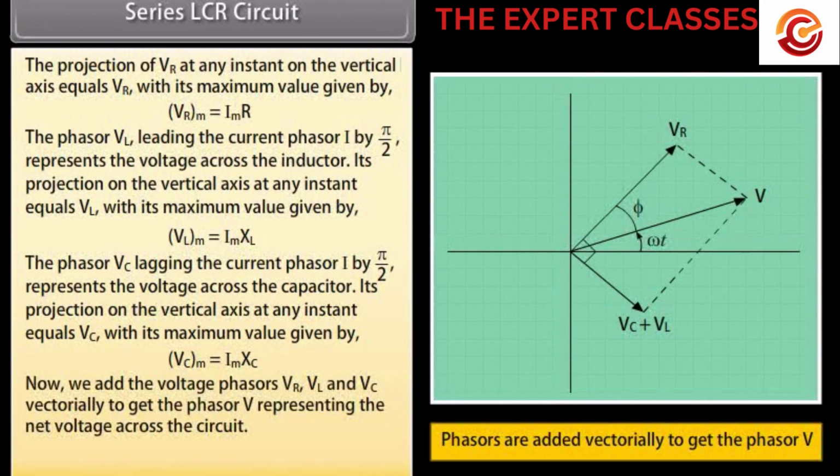Now, we add the voltage phasors VR, VL and VC vectorially to get the phasor V representing the net voltage across the circuit. Vm is equal to under root of VRm square plus VCm minus VLm, whole square.